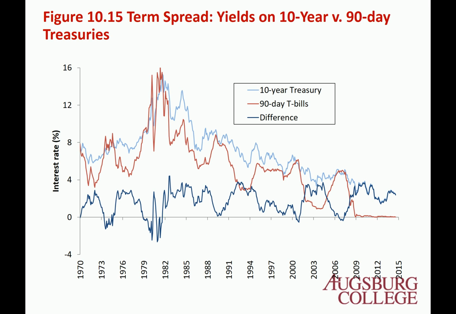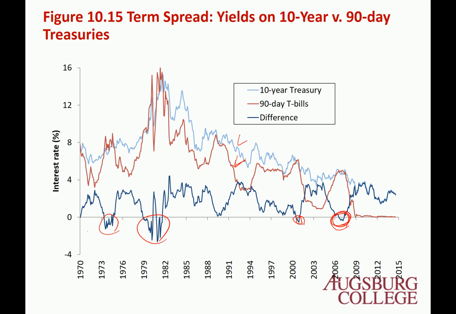So this is the yield spread between the 10-year one, which is the red one, oh no, I'm sorry, it's the 10-year, the blue one, and the red one is 90 days, and this is the difference. Let's see if the difference is negative. There are some zones here, and these are all the bad years. So all shock years, and this is the internet bubble, and this is the crisis period.